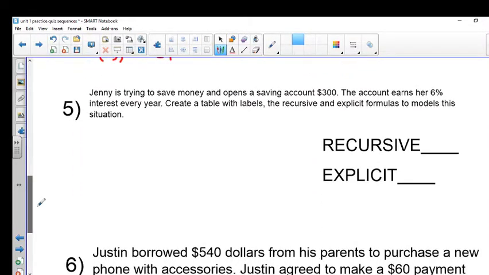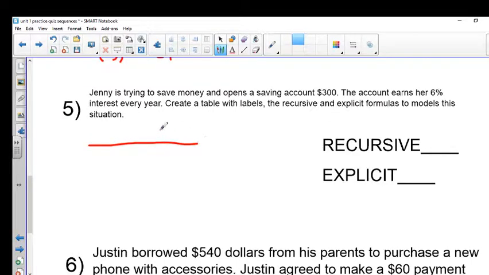So now, okay, this one says Jenny is trying to save money and opens a saving account with $300. The account earns her 6% every year. Create a table with labels. And you have to do the recursive and the explicit formulas to model the situation.